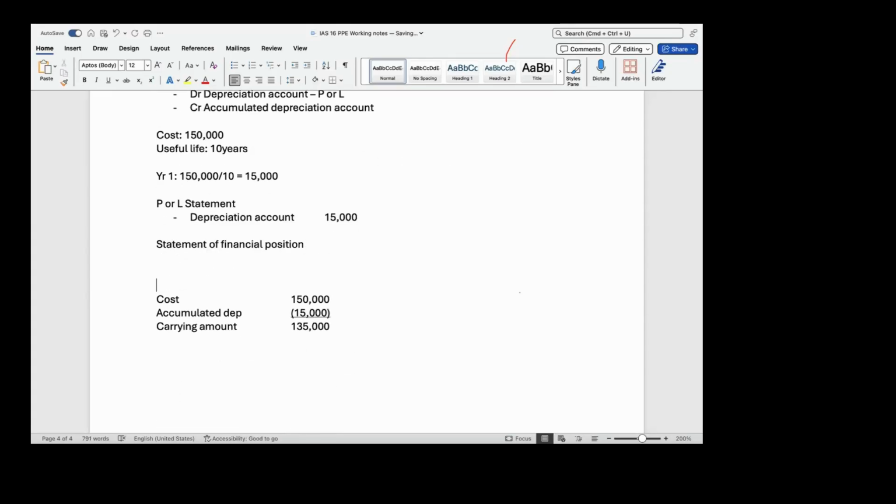So may I remind you that this one is usually done in the notes. We call it a fixed asset schedule. So what goes to this place is the PPE, the carrying amount, at 135,000 in year one.